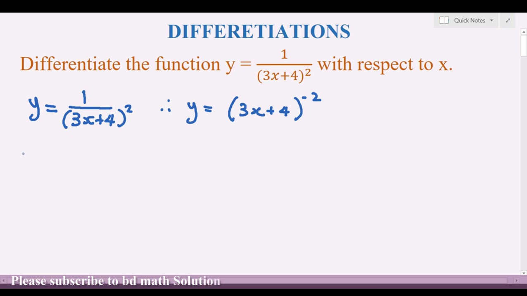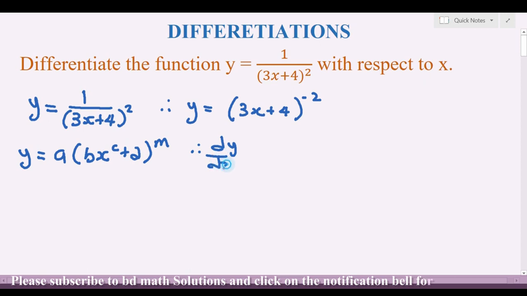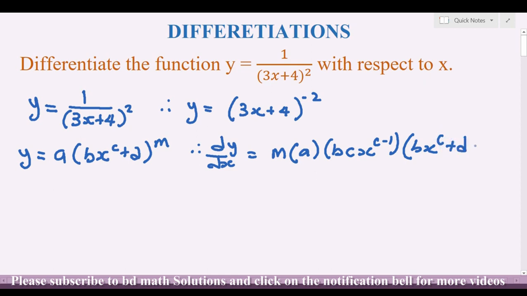So we said that if our y is equal to a into (bx^c + d) all raised to the power m, then our dy/dx will give us m into a into b c x raised to the power c minus 1 into (bx^c + d) to the power m minus 1.